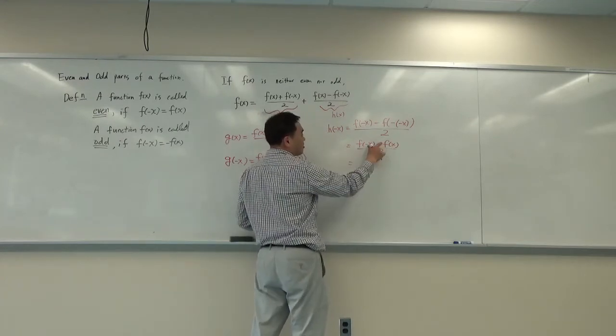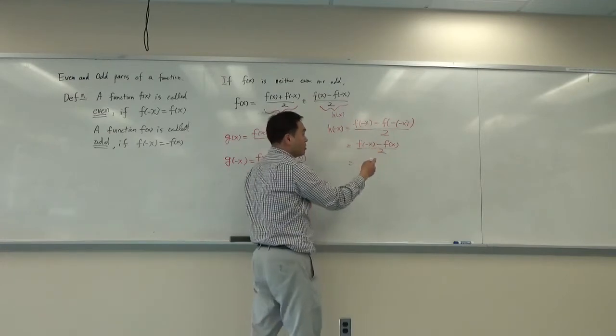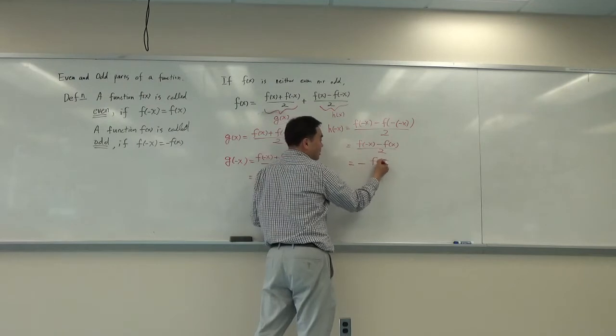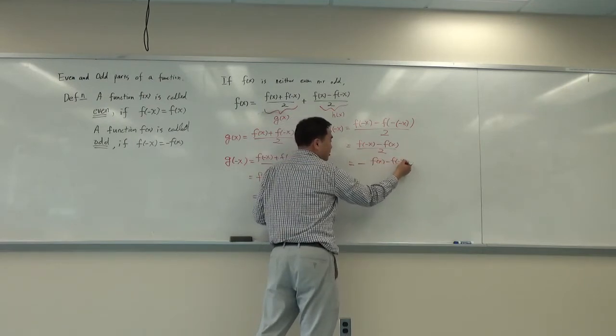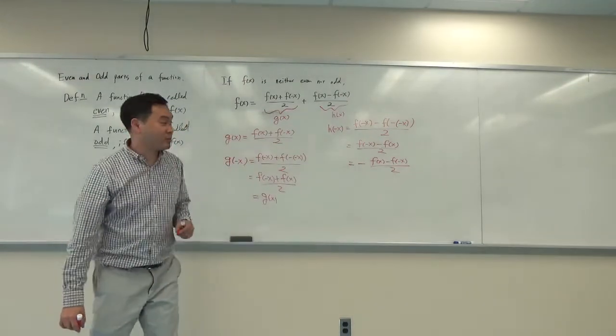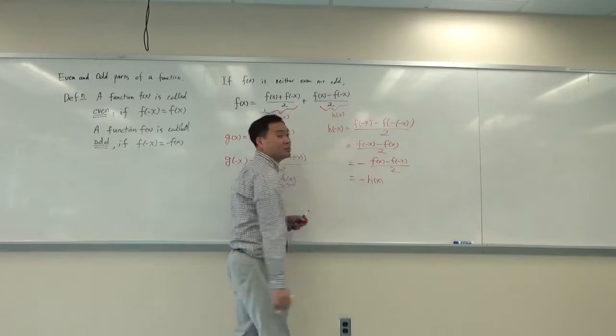But this time you can't just flip it because there's a minus. So you have to see that this is the same as negative of f of x minus f of negative x over 2. And what do you see now? That's negative h of x, which is an odd function.